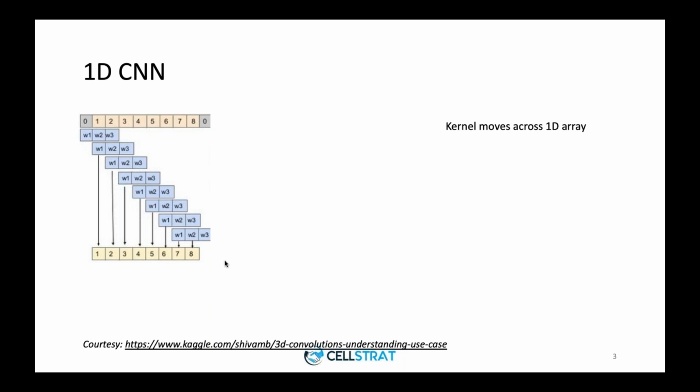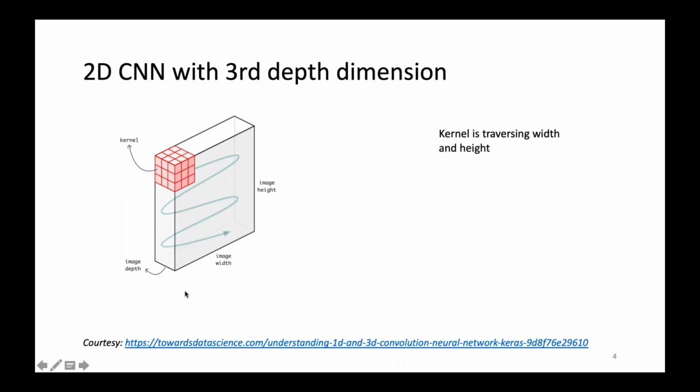So this is a simple 1D convolutional network. In a similar way, there can be a 2D convolutional network where we convolve around the width and the height of the input array.